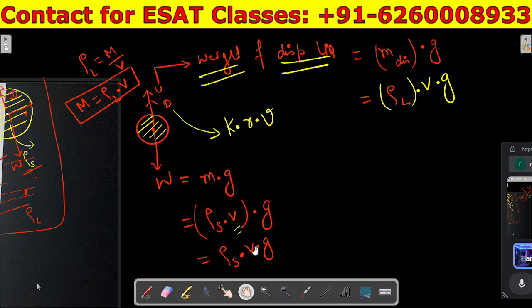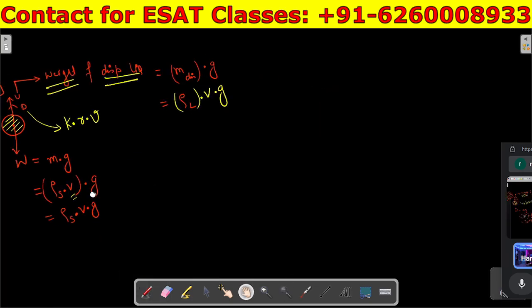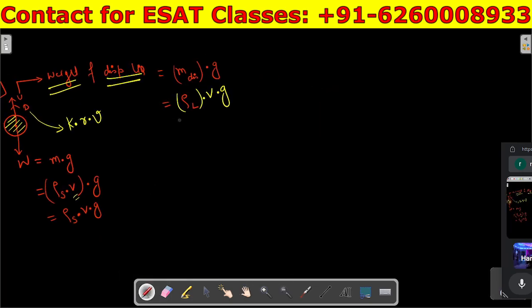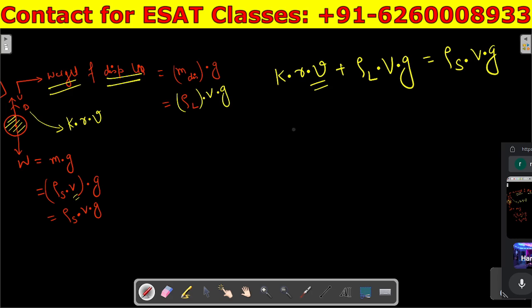So during the equilibrium, what will happen? The upward force will be equal to the downward force. So the upward force and downward force should be balanced. So it is k r v plus rho L V g should be equal to rho S V g. From here we have to find v, that is the velocity. So k r v is equal to rho S V g minus rho L V g.